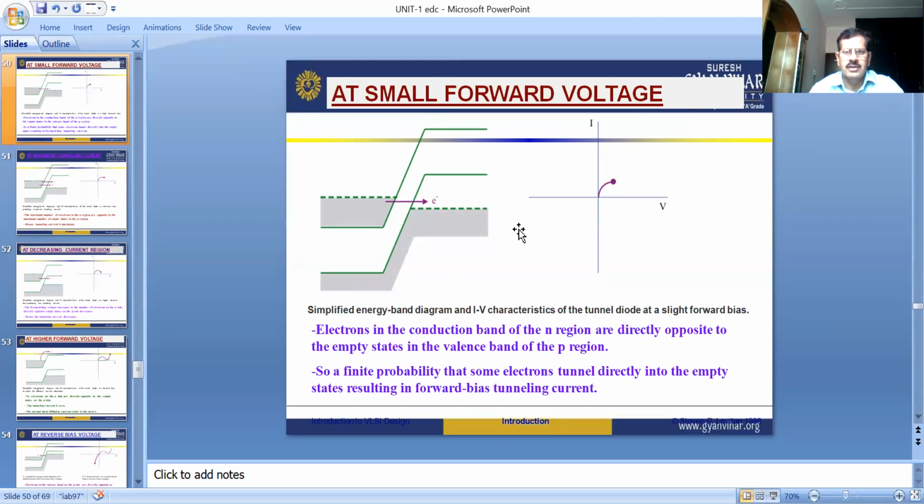Electrons in the conduction band of the N region are directly opposite to the empty states in the valence band of the P region. So there is a finite probability that some electrons tunnel directly into the empty states, resulting in forward bias tunneling current. So this is the concept about the small forward bias applied to a tunnel diode.